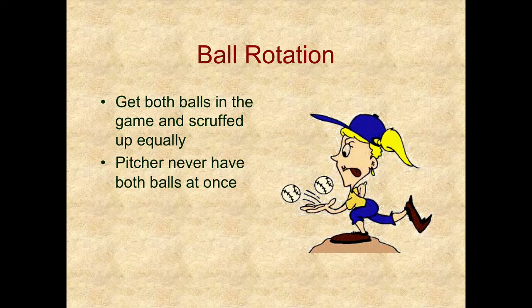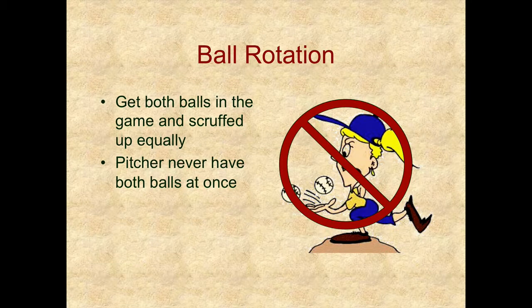If the balls are equally scruffed, pitchers will not always be requesting a different ball or whining if they must pitch a ball not of their choice. If ball rotation is enforced correctly, no pitcher will ever have more than one game ball in her possession.